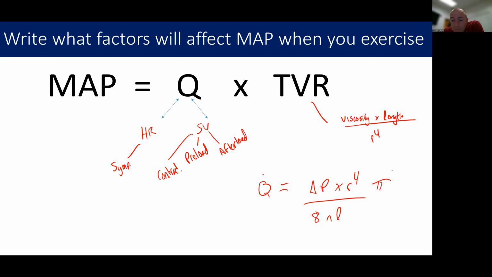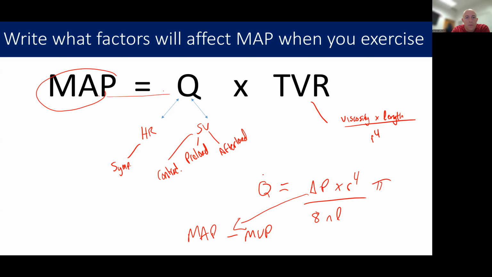So then you got to ask yourself, if we're trying to increase flow, we want to maximize this perfusion pressure. What's perfusion pressure? That's going to be generally, in most circumstances, mean arterial pressure minus mean venous pressure. And so the things that we do to maximize mean arterial pressure will help increase flow.